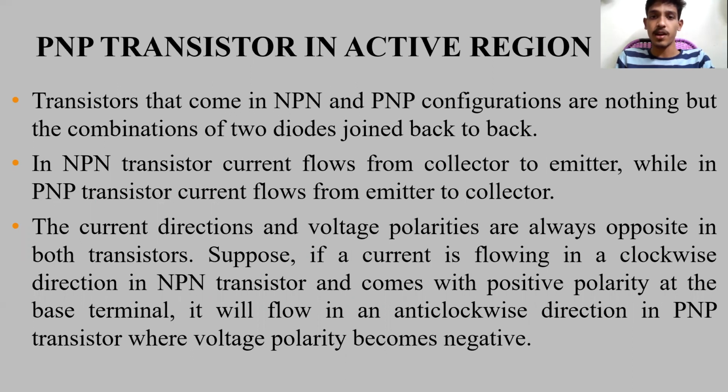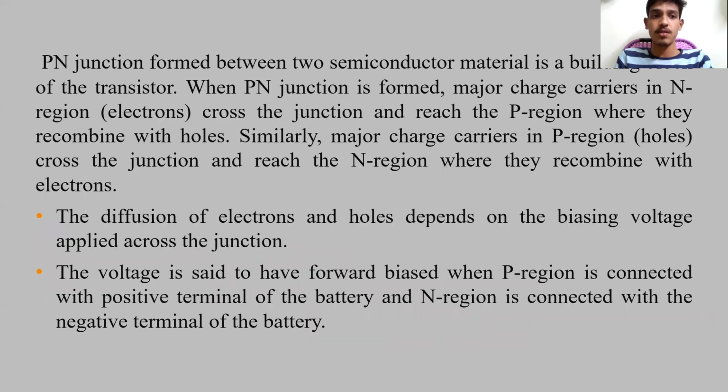Suppose if a current is flowing in a clockwise direction in NPN transistor and comes with positive polarity at the base terminal, it will flow in an anti-clockwise direction in PNP transistor where voltage polarity becomes negative.